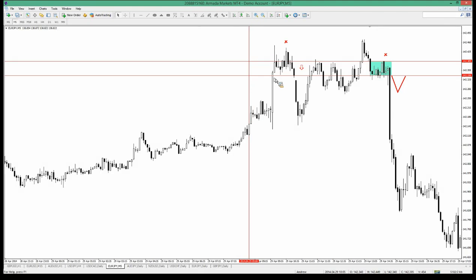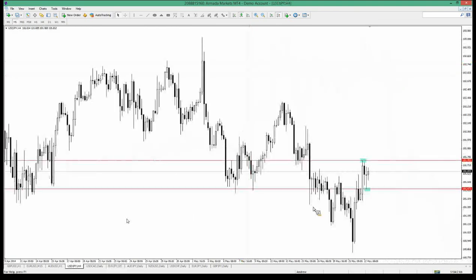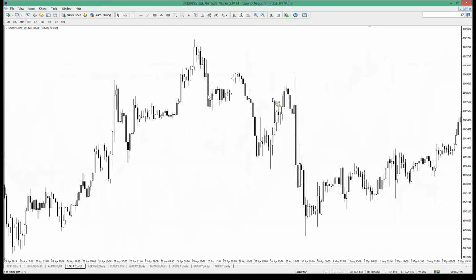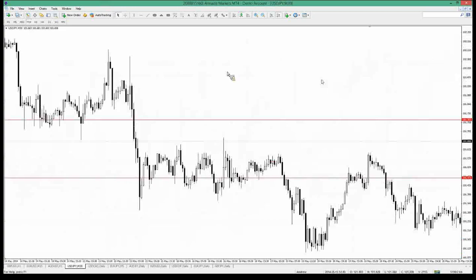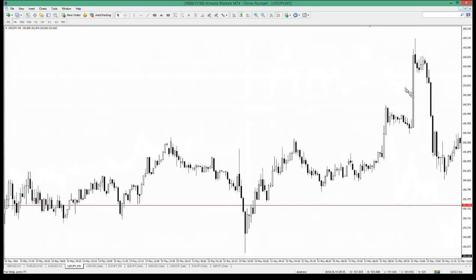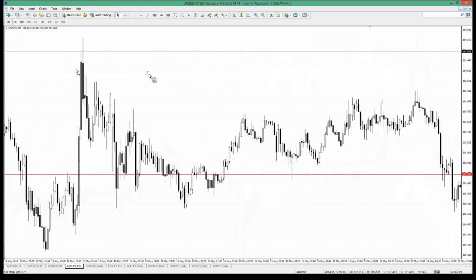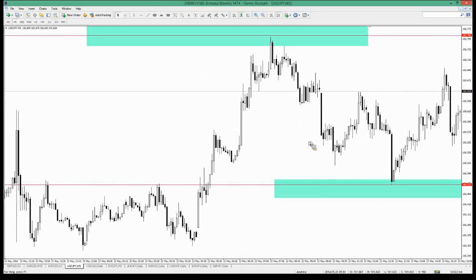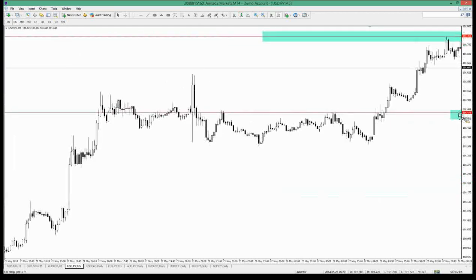So let's just go back to this dollar yen. Let's investigate these areas here on a smaller time frame. I'll just find these areas quickly. So 30. Okay, let's have a look at the 5. So here's the 5-minute chart, and we're focusing here on this top line, the top resistance area.